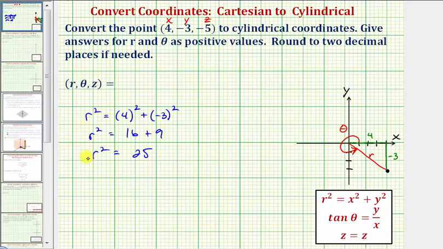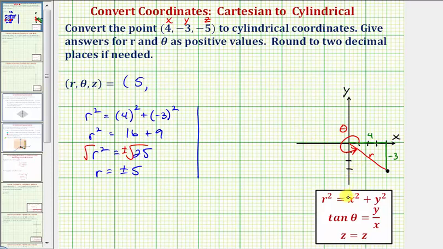And then we'll take the square root of both sides of the equation. Notice here we'll have two solutions for r equals plus or minus 5. We are asked to use a positive value for r though, so we'll use r equals 5. Remember, if we use a negative value for r, then we'd plot the point in the xy plane in the opposite direction of our angle theta.